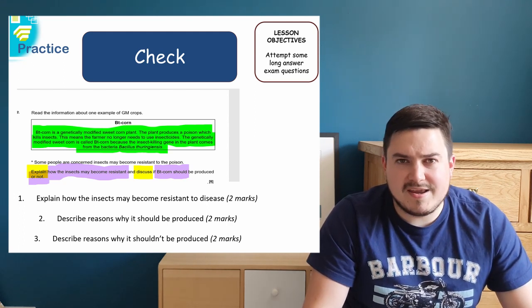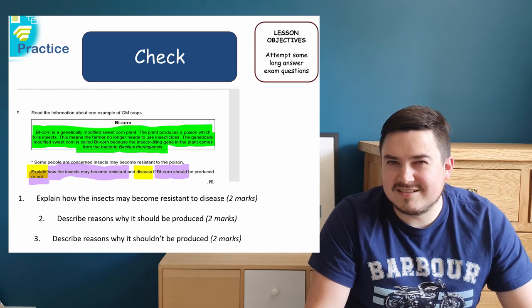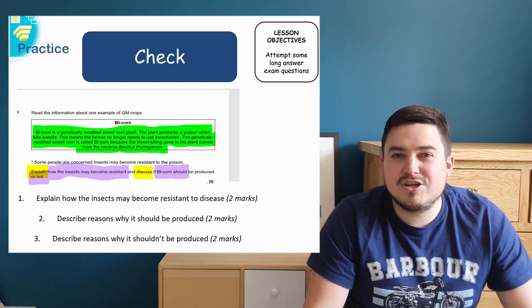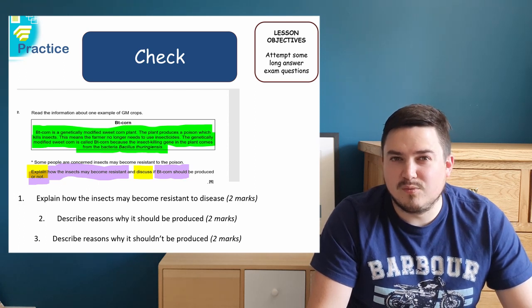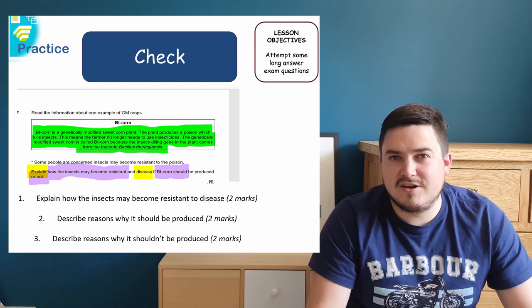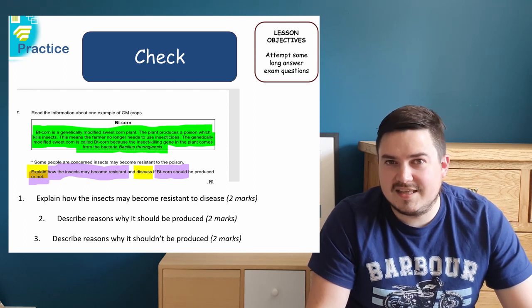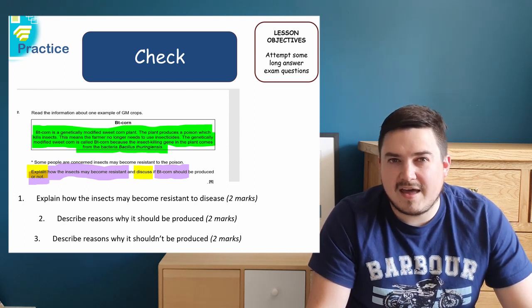If you have, great. You should have said more than one reason. Have you said why we shouldn't be producing this crop? If you have, great. Again, you should be saying more than one reason. Have you justified your answer? Have you made your own decision about this and said, I think this because of this? There's probably going to be a mark for that.